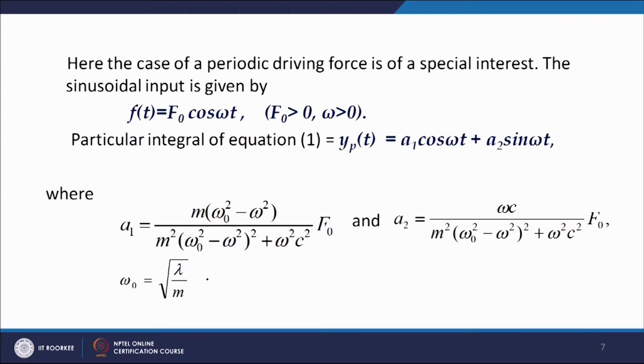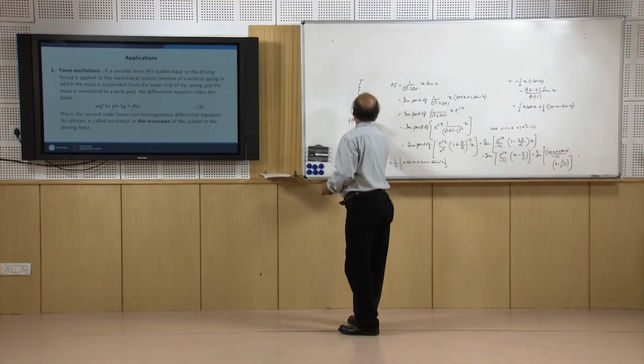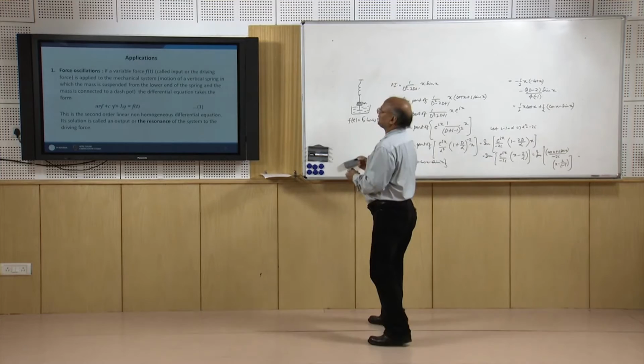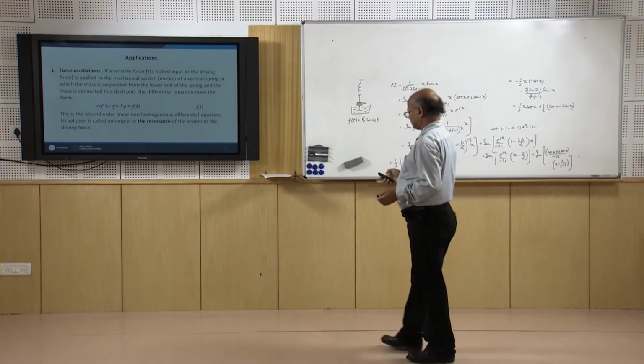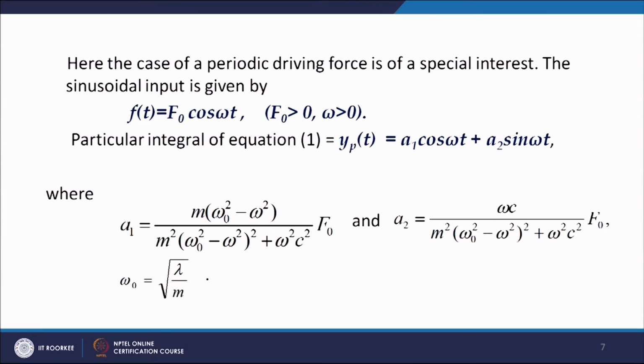Then the particular integral will come out to be a1 cos omega t plus a2 sin omega t, where a1 is equal to this and a2 is equal to this, and omega naught is the root of lambda by m, the natural frequency. Provided the denominator is non-zero, we get this y p(t) equal to a1 cos omega t plus a2 sin omega t.